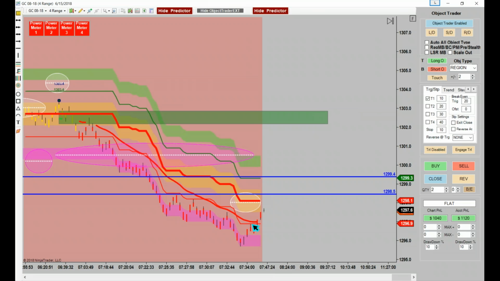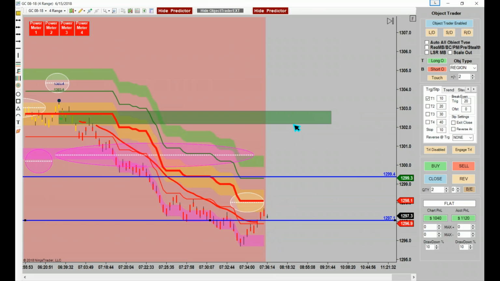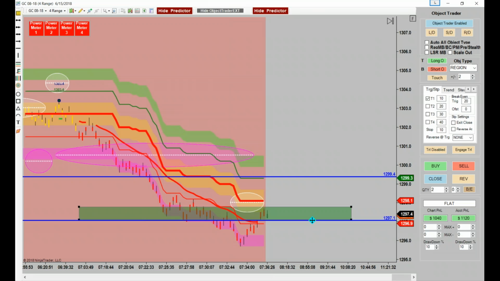Everybody see line 2? Could you get ready to box this in? Anybody? Well, there's your third candle back. Let's just see. Third candle.